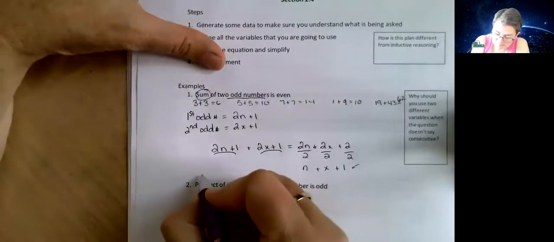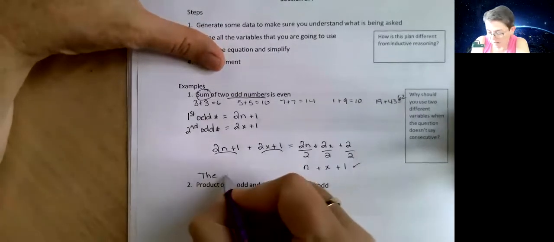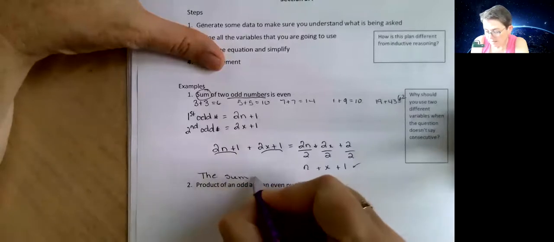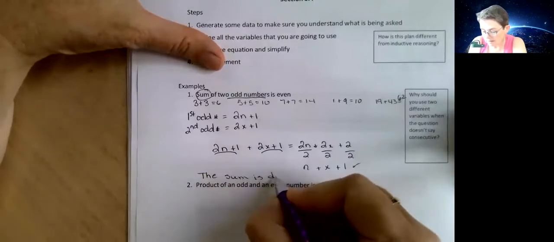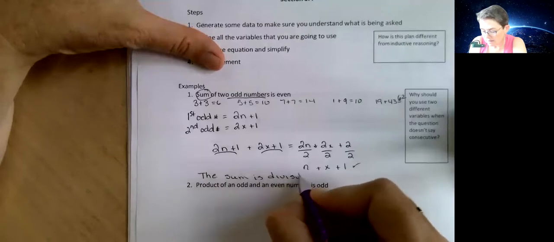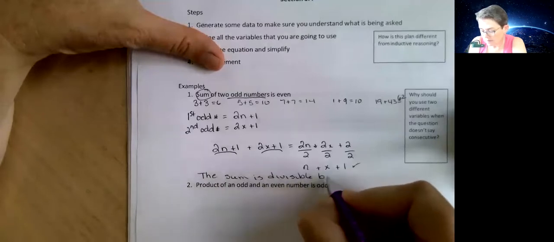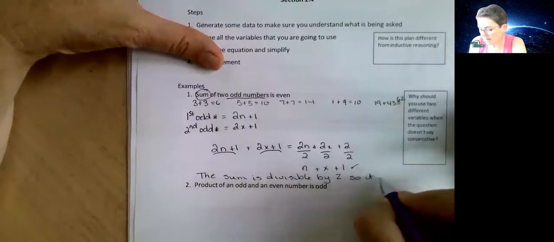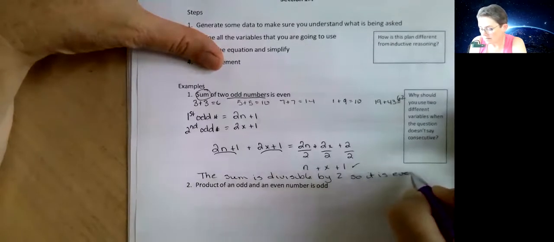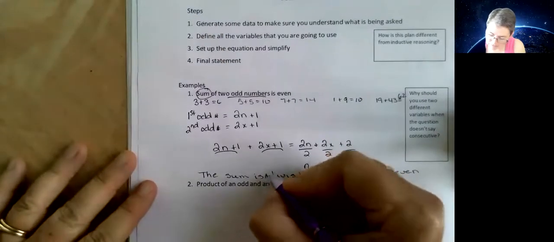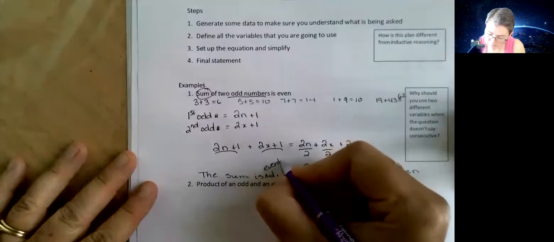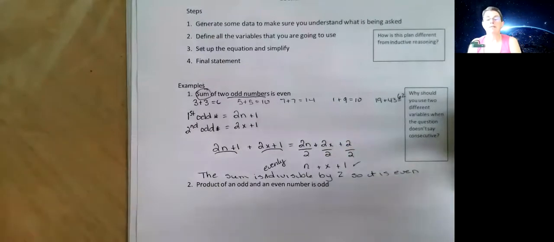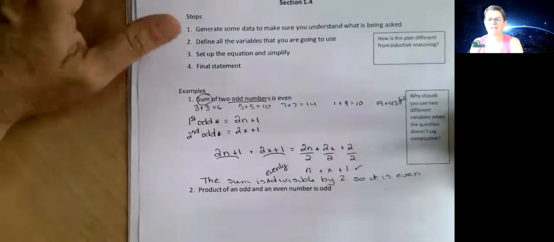The sum is divisible by 2, so it is even. I'm going to add a little word here. Evenly divisible by 2. There's a lot of evens in there.